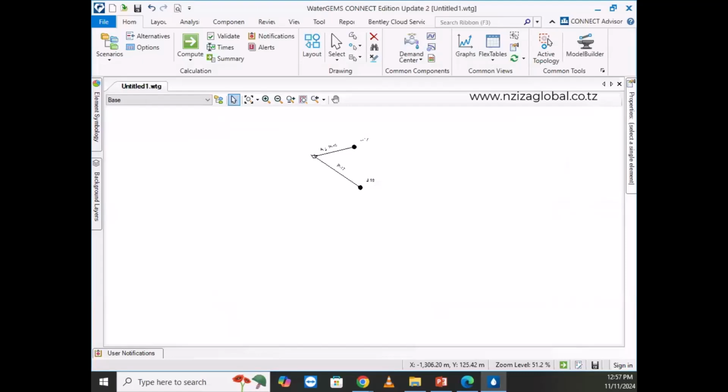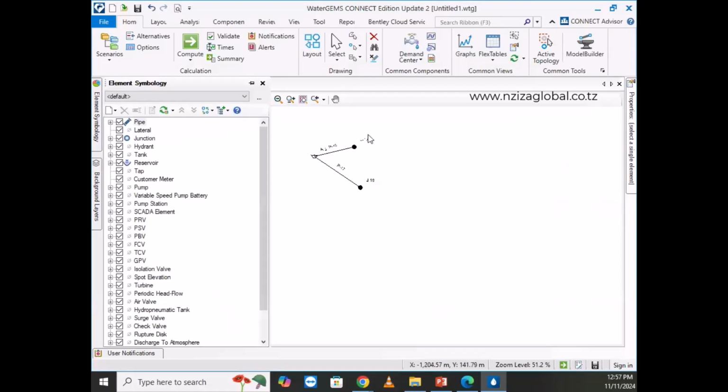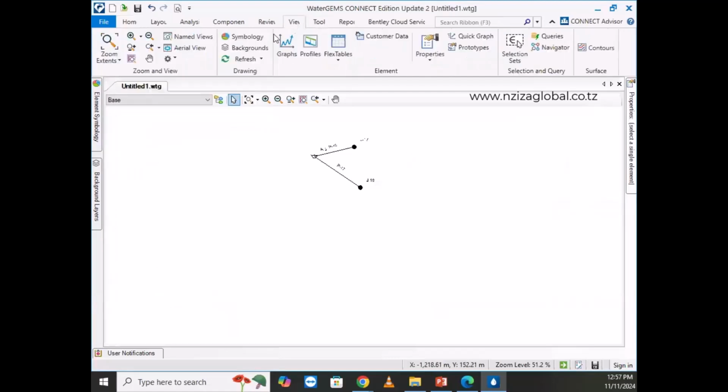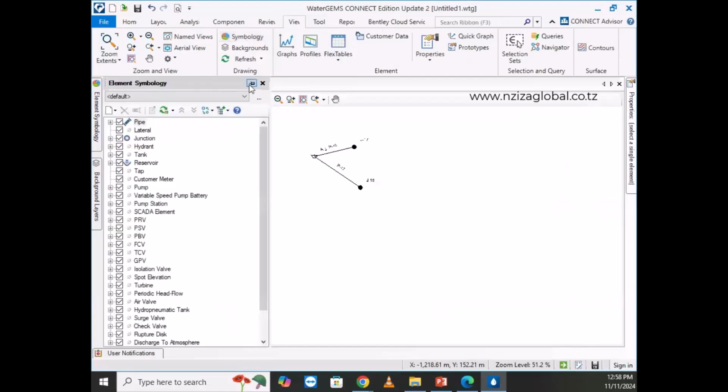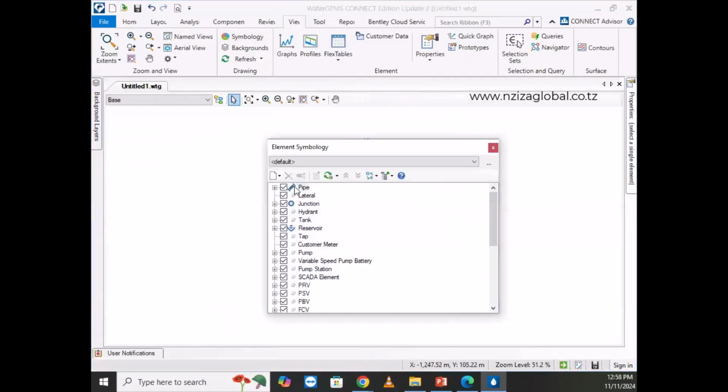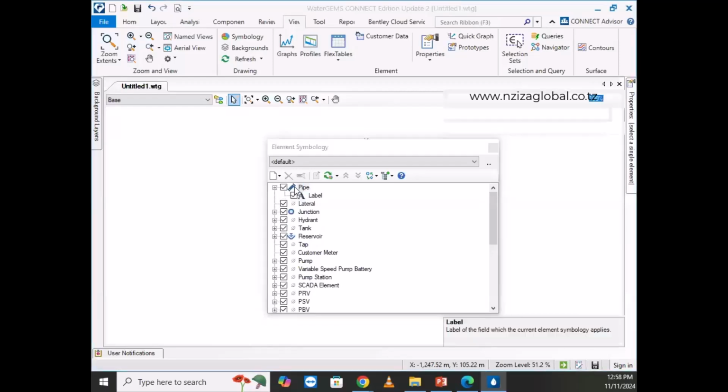Another thing that I want you to look at is this one. There is a symbology here in view. In view, you will find a symbology. In the symbology, you will get all the infrastructures that you have drawn there. There is pipe.